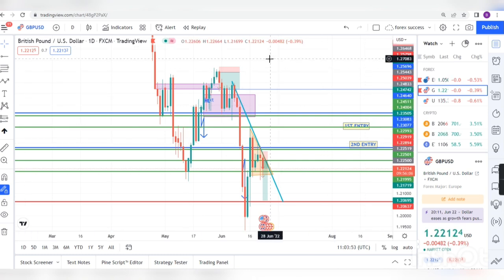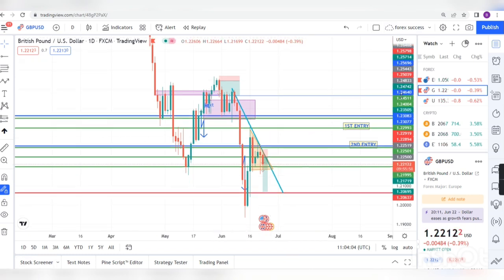Firstly, if I want to do an analysis on a pair, the first thing I do is go to the daily time frame and observe what's happening in general on the market. From there, I'll be able to get an idea of what is going to happen on smaller time frames, like the 4-hour and 1-hour. From the daily time frame, I can see clearly that this is a downtrend.